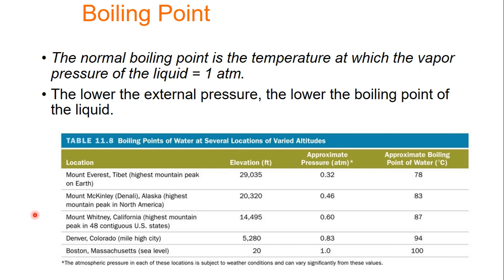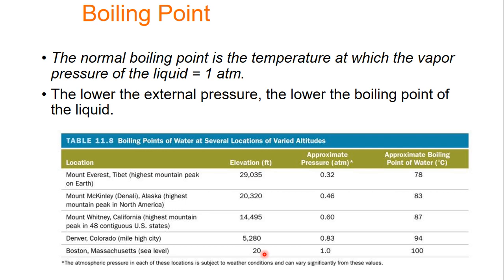And since atmospheric pressure is dependent on elevation, that means boiling point is also dependent on elevation. So if you're on Mount Everest, the atmospheric pressure is only a third of what it is at sea level, and so the boiling point of water is only 78 degrees.